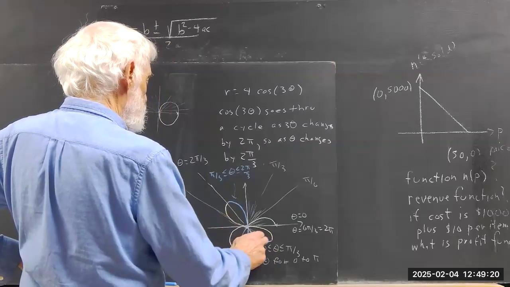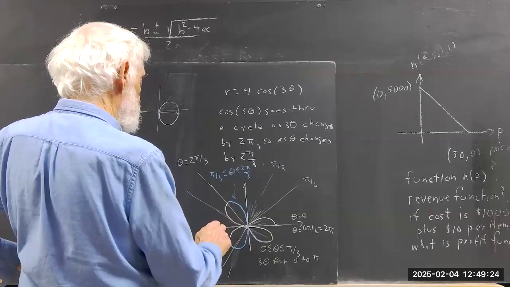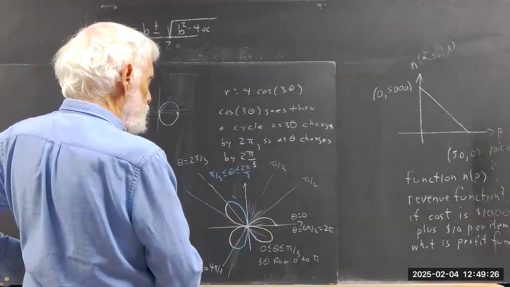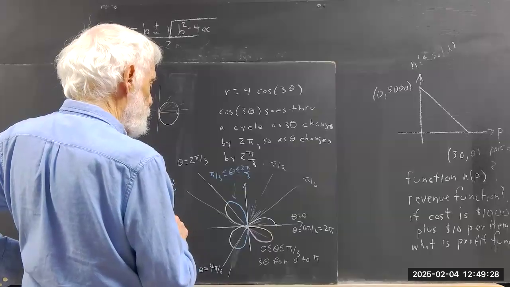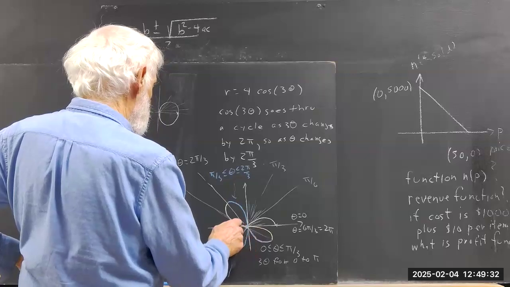Sure, that is correct. These are negative values. 5 pi over 6 up to 5 takes us to 1. Yeah, it's going to come around.